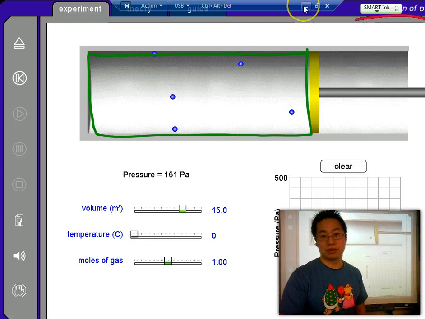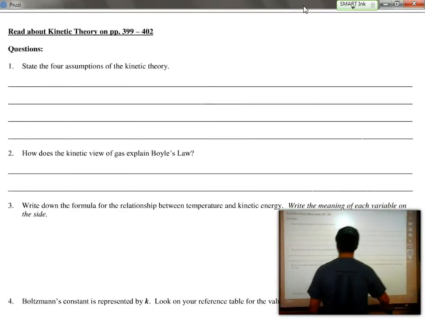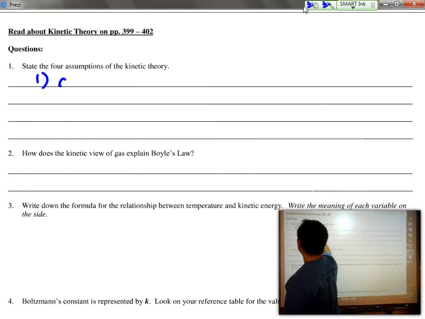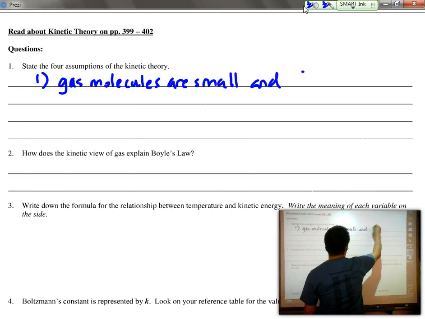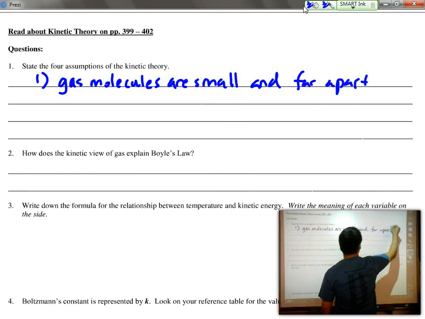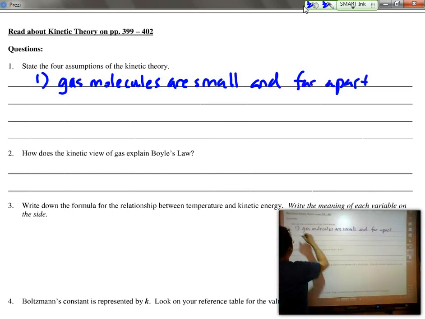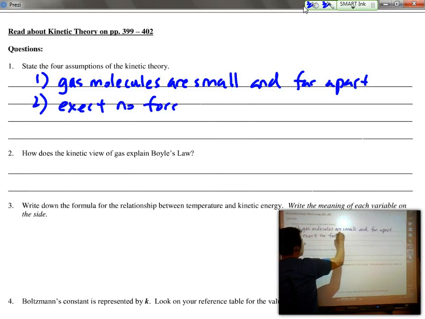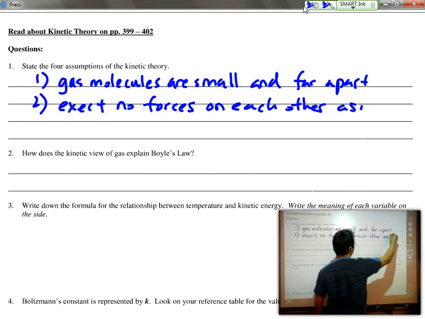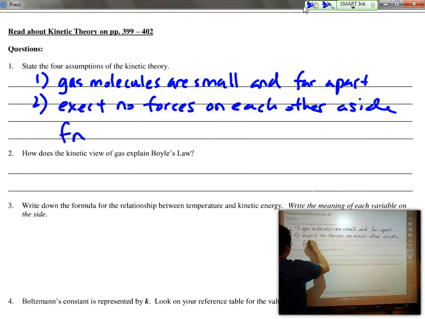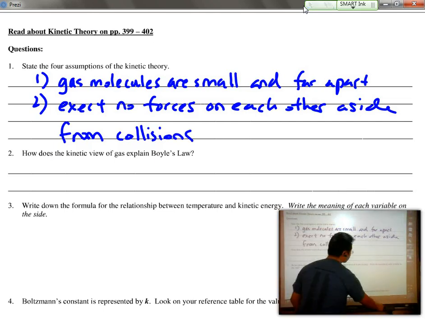So let's just write that all down quickly. The four main assumptions of the kinetic theory are: gas molecules are small and far apart from each other. They exert no forces on each other aside from collisions.